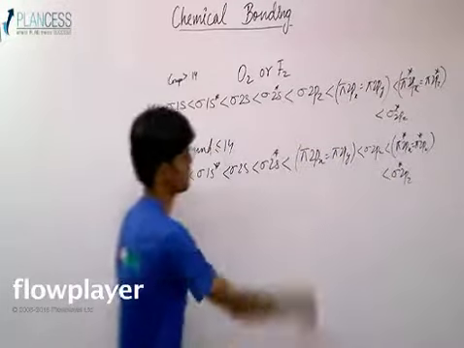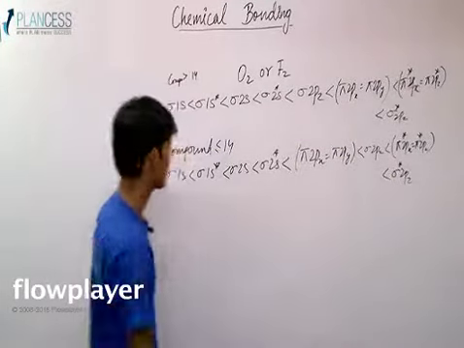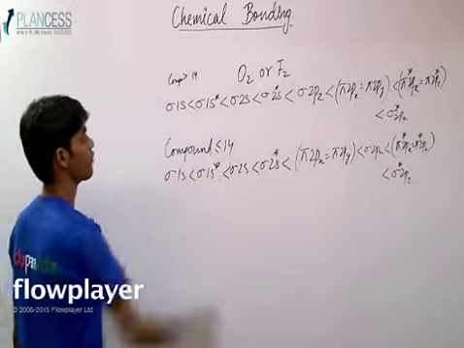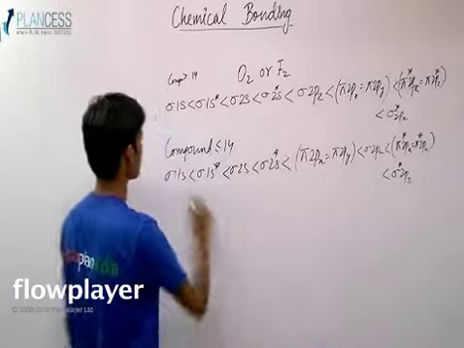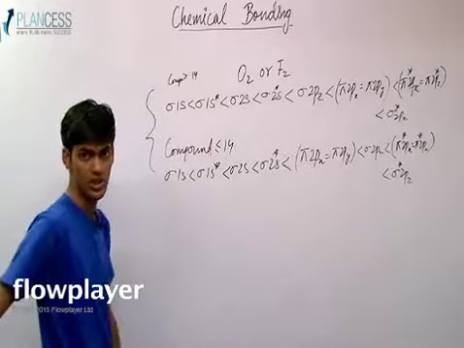So this is the difference for compounds with molecular mass less than or equal to 14 and those greater than 14.